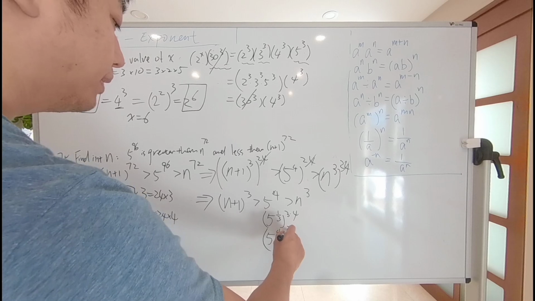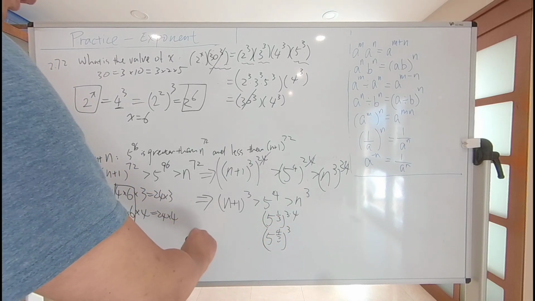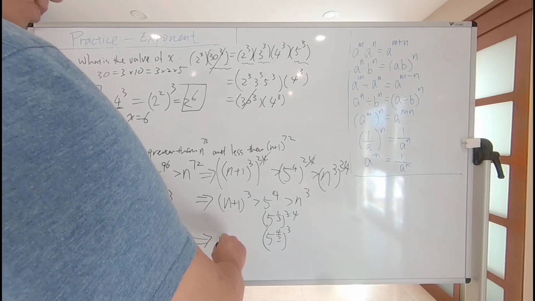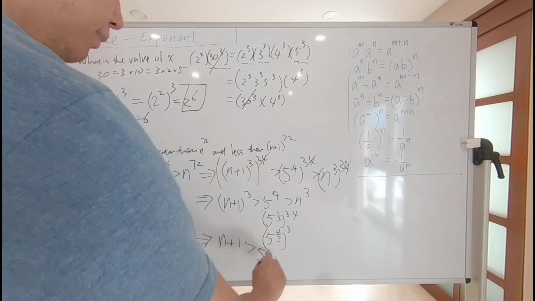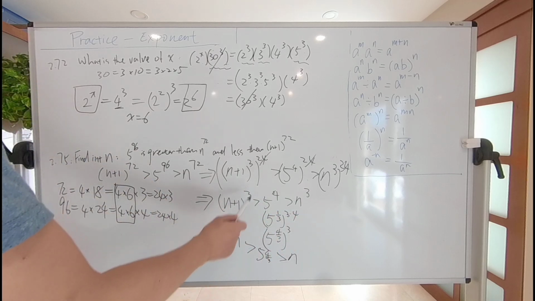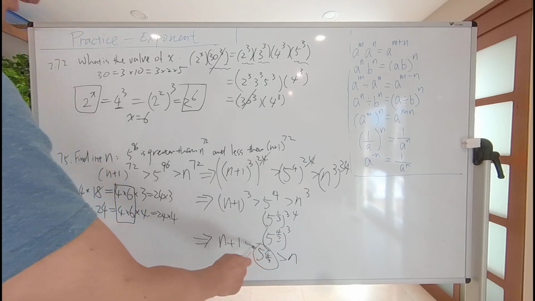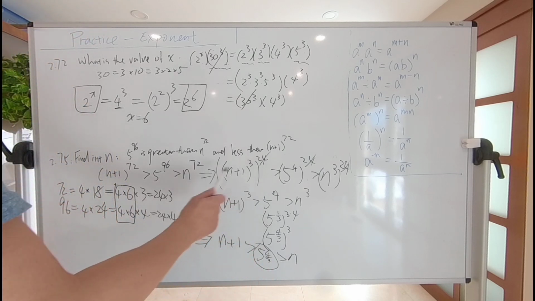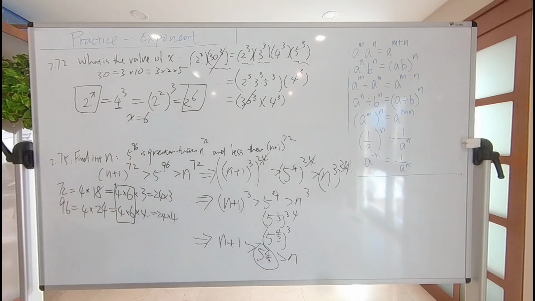So I can create another number which is 5 to the power of 4 over 3, cubed. Then this inequality can be further simplified to: n plus 1 should be greater than 5 to the power of 4 over 3, which is greater than n. So now on the two sides, this just reduced to 2 consecutive integer numbers. So if I can evaluate this number, then I will know the 2 neighboring integers around this number. This is very likely to be a decimal number.